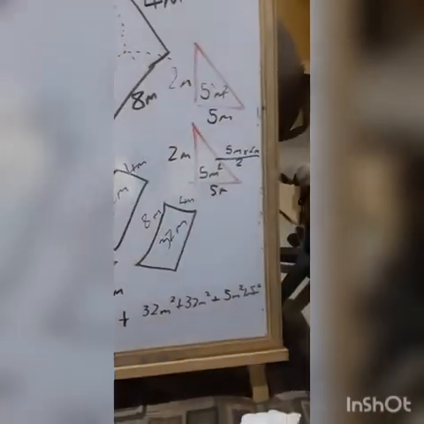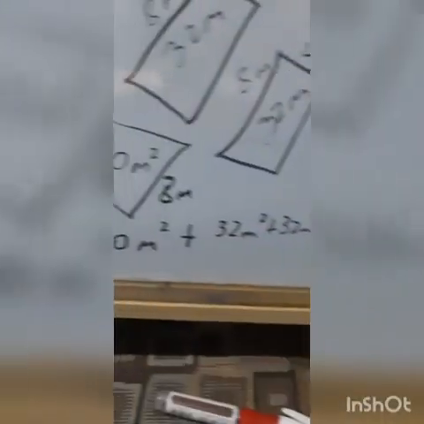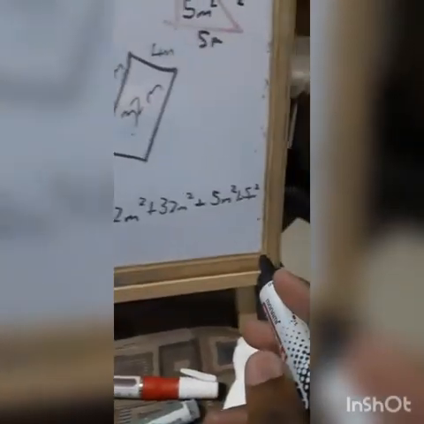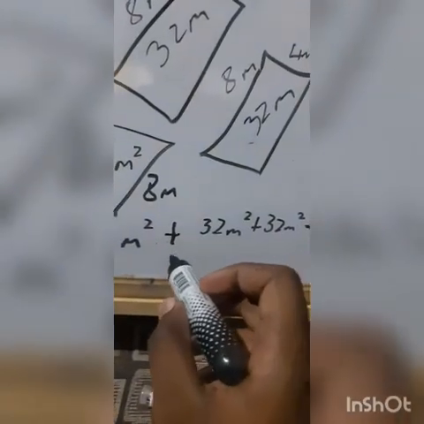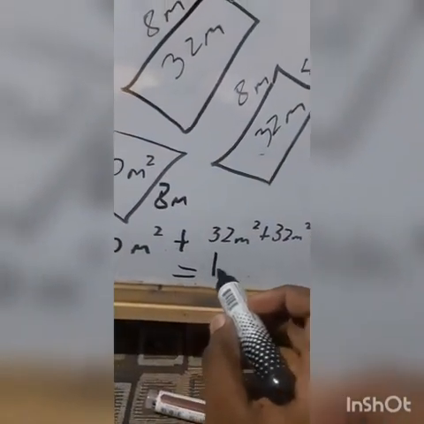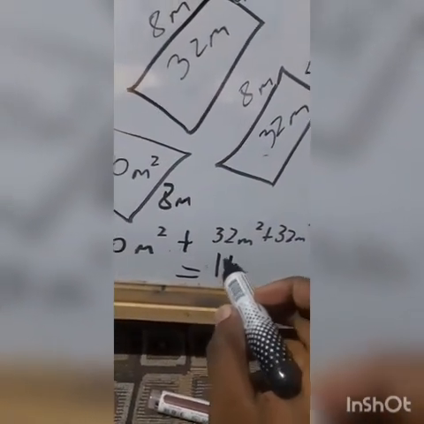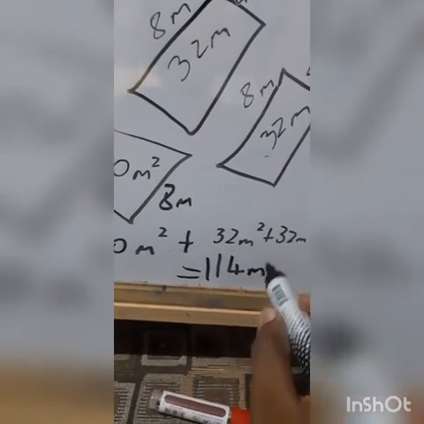Now let us add up everything together. So after we've added all of these areas together, we would get 114 meters squared.